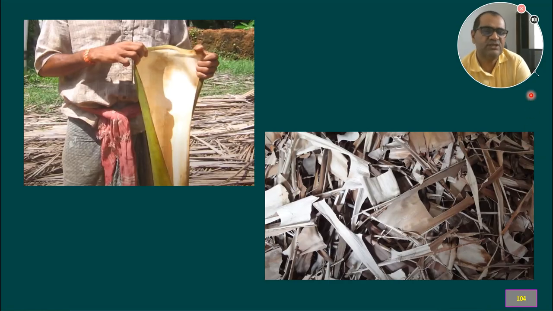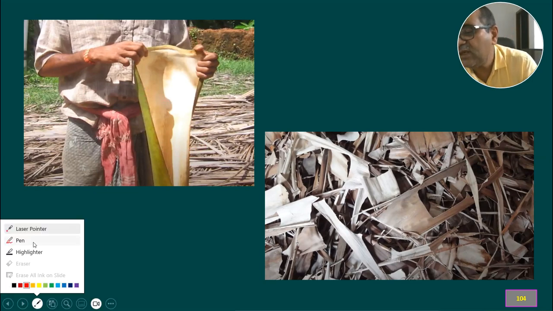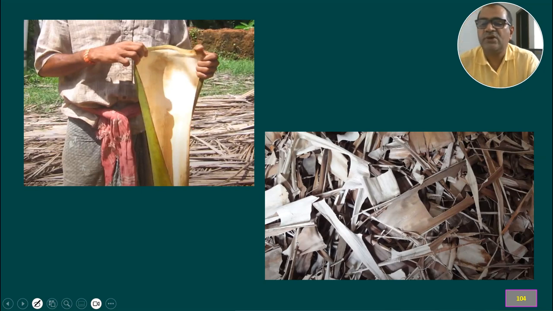See, another source of feed is the areca nut spade. You can see such things, and it is very commonly used in the Western Ghats, or wherever areca nut is grown as a commercial crop.